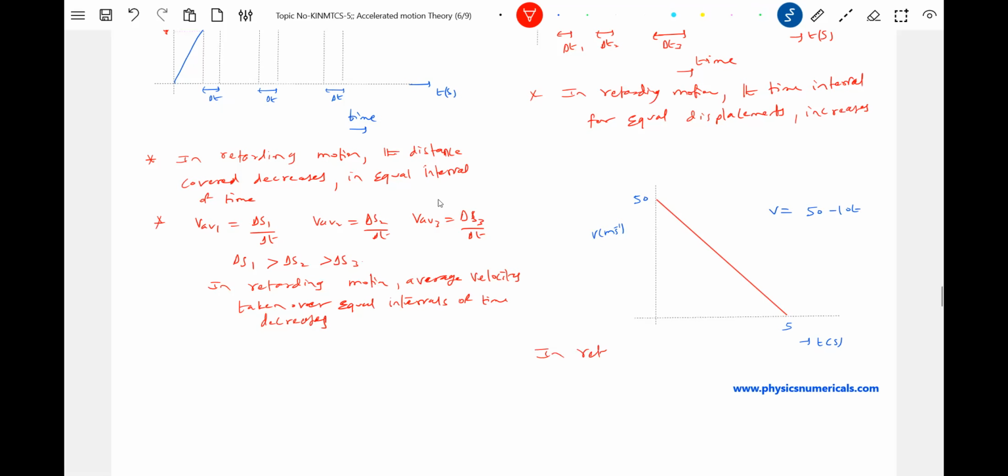In retarding motion, a body produces equal change in velocity in equal intervals of time.